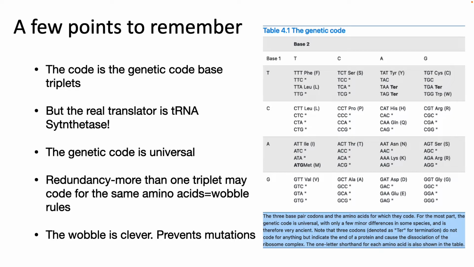If you just use one base, that would be 4 to the power of 1, you could only delineate 4 items. If you use 2 bases, that would be 4 to the power of 2, you could code for 16 items. If you use 3 bases, which is 4 to the power of 3, you can code for 64 different things. So, all 20 amino acids and also stop codons.